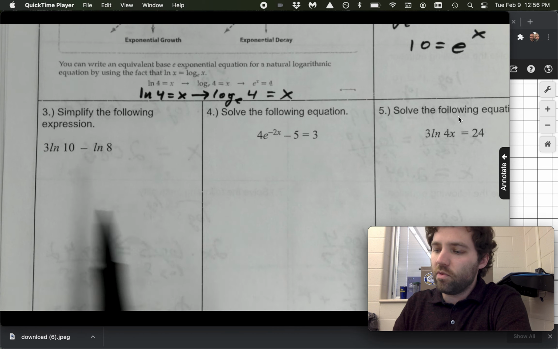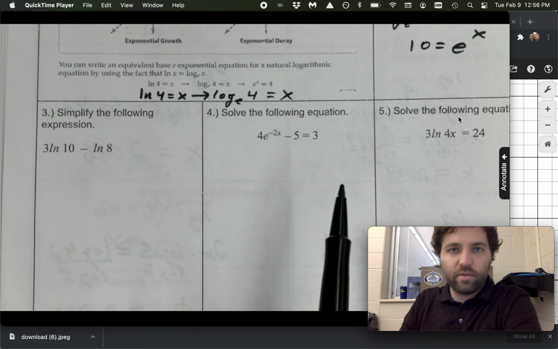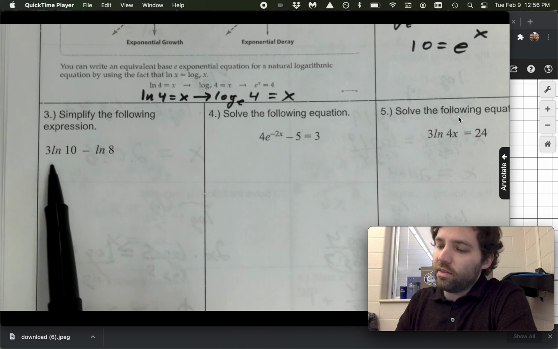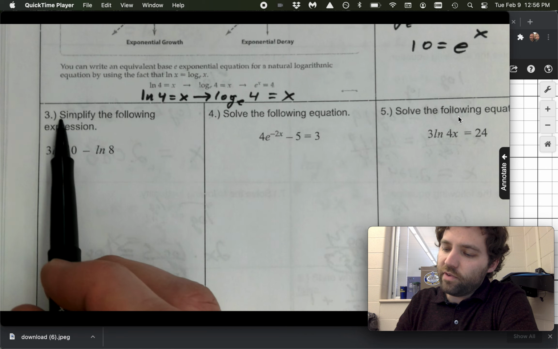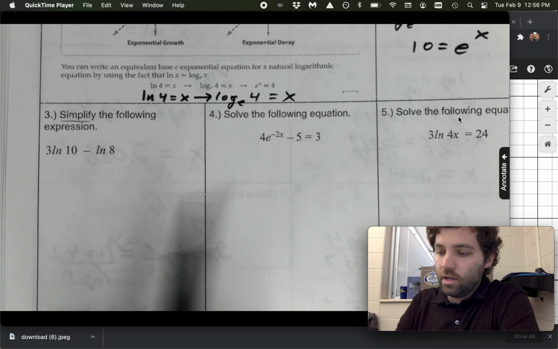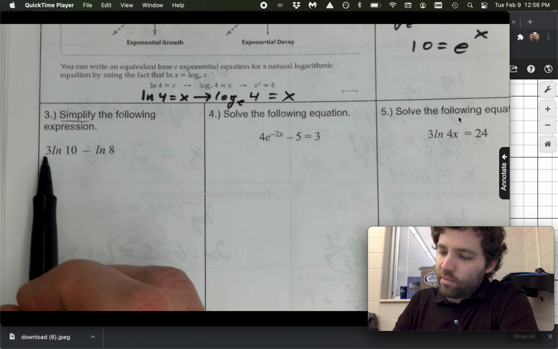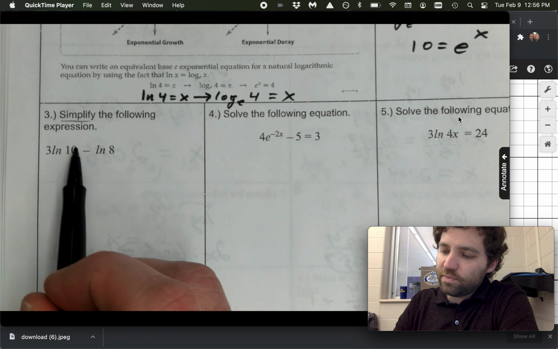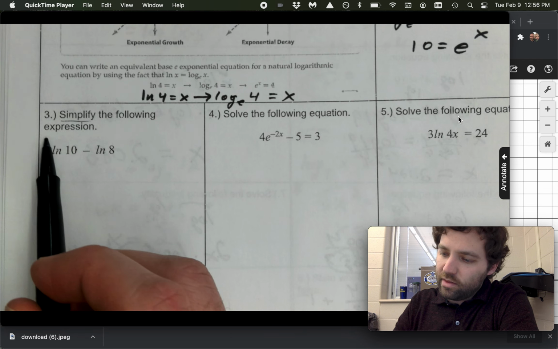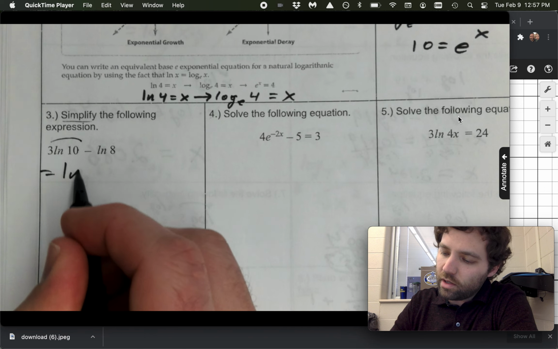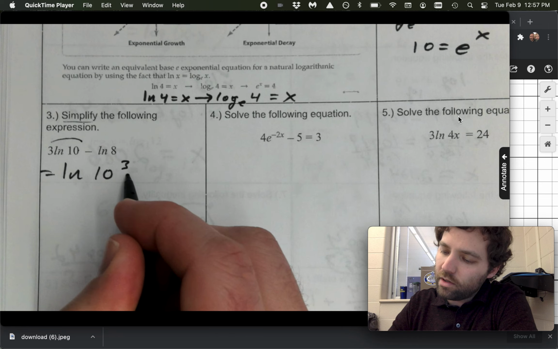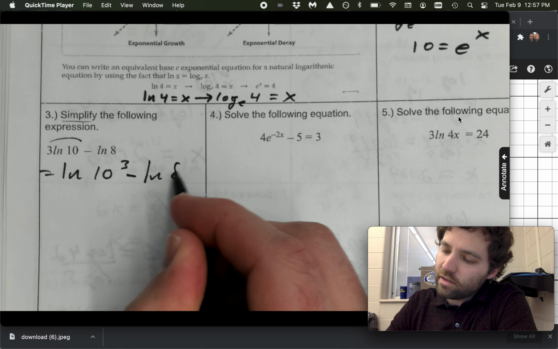Okay, so we can do all the same properties with logarithms that we could before. So we can take the natural log of 10 minus the natural log of 8, and we can condense it down. The first thing I always look for is numbers that can be put into the exponent inside of the logarithm, and there's a 3 here that can be moved up. So this becomes the natural log of 10 to the 3rd power minus the natural log of 8.